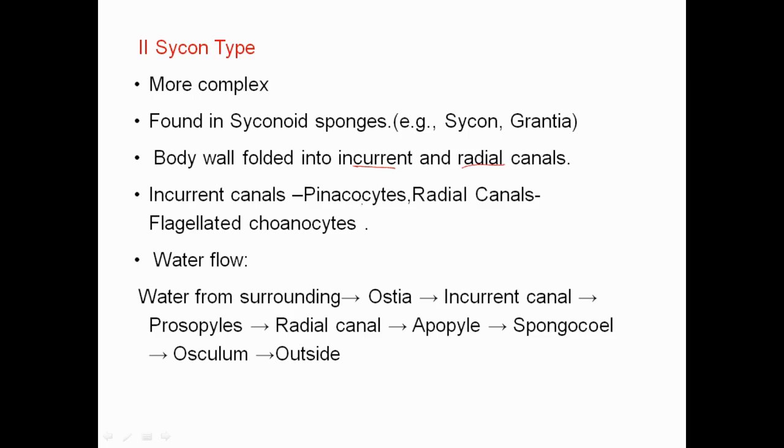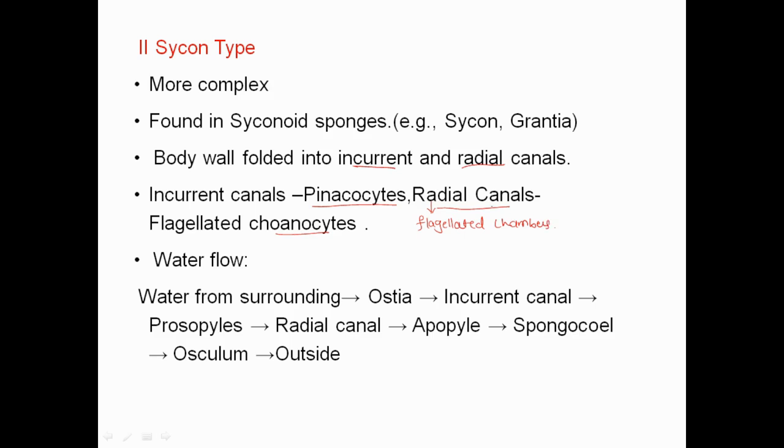Incurrent canals are lined by the cells called pinacocytes, and the radial canals are lined by the flagellated choanocytes. As the radial canals are lined by the flagellated choanocytes, these radial canals are also called the flagellated chambers.